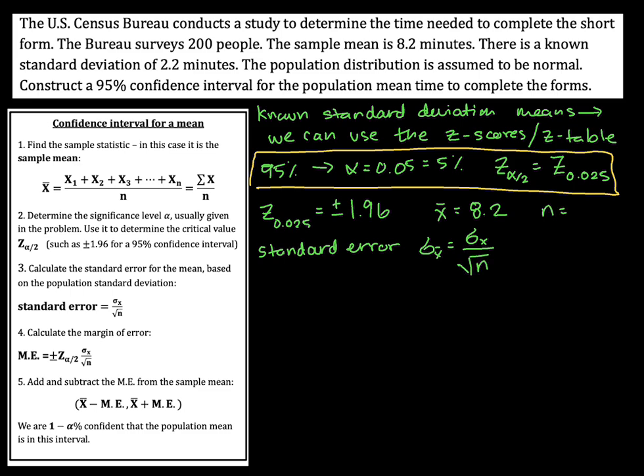In this case, n is 200, and the population standard deviation is 2.2. So we're going to get this number by taking 2.2 and dividing it by the square root of 200. So I'm just going to do that off screen here on my calculator.